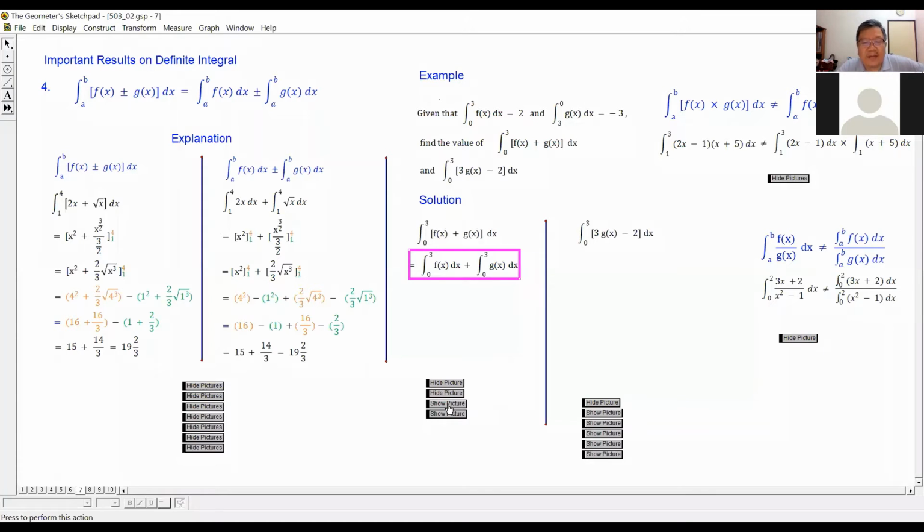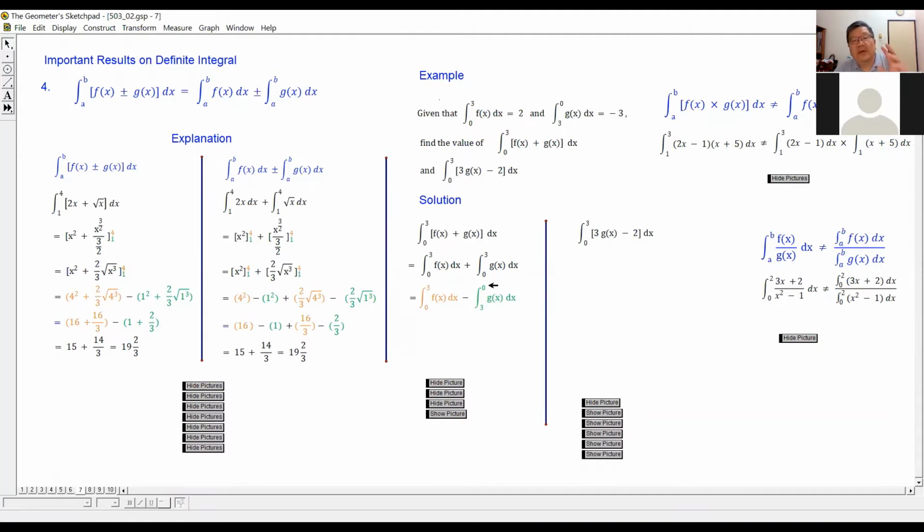So next one. Now this f(x), I just copy down. But there is something in this g(x), because I am given 3 to 0. What I want to find is 0 to 3. How is it related to 3 to 0?